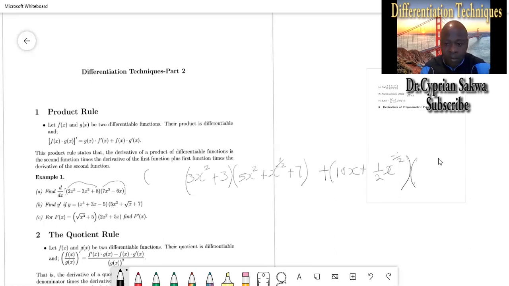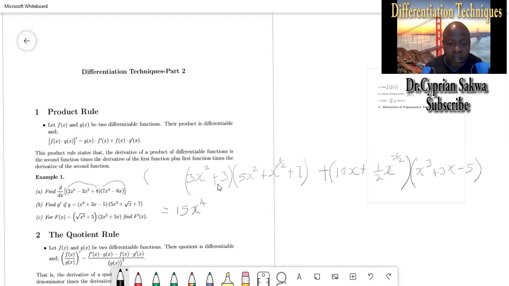Okay, so I have x cubed plus 3x minus 5. So again, we just expand. Let's expand, and you can see that this will give us 15x raised to 4.